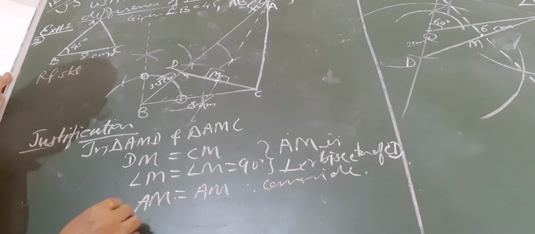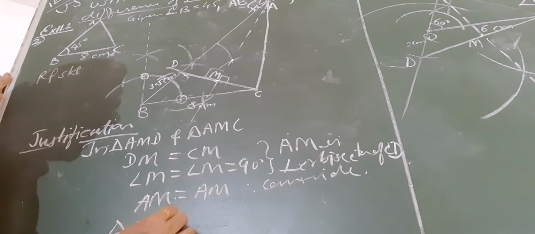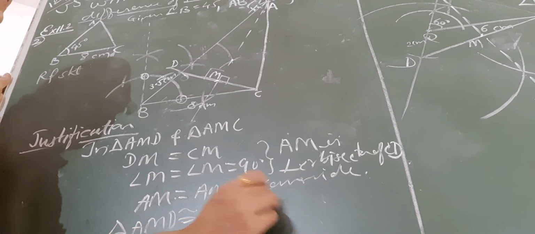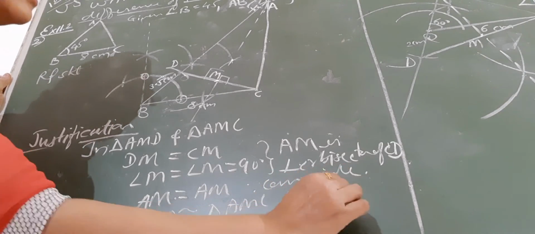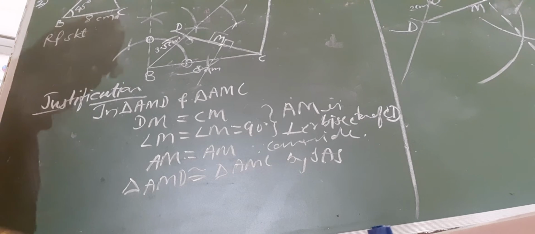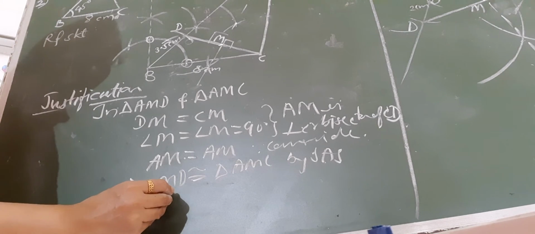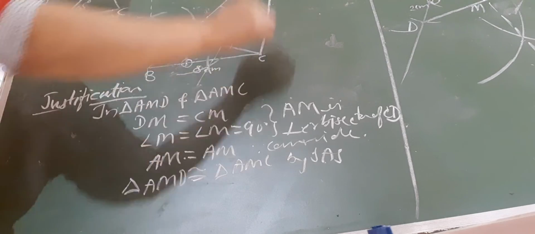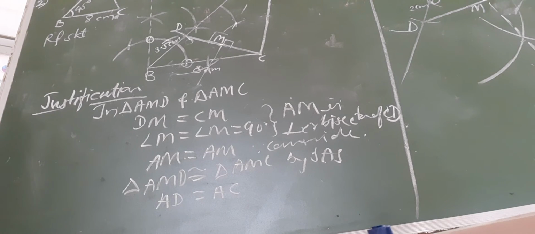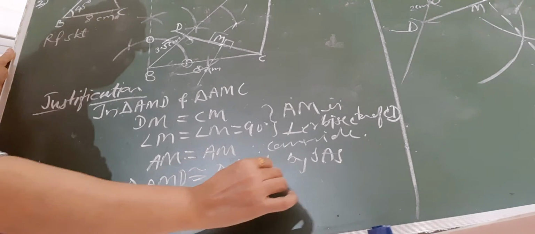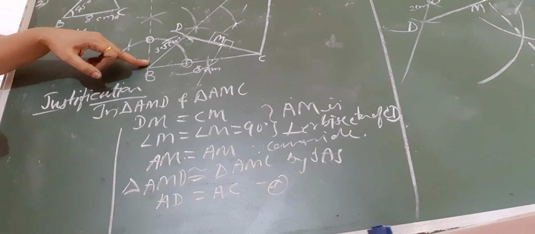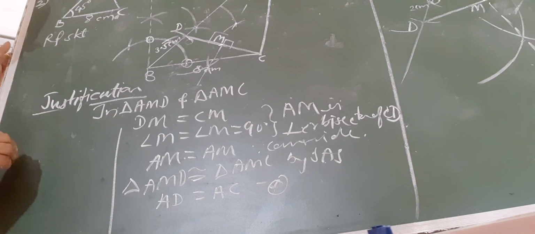Hence we can say that triangle AMD is congruent to triangle AMC by SAS. If they are congruent, then their corresponding parts should be equal. It means AD should be equal to AC. So this is our first part. Now you can see, what is AB?